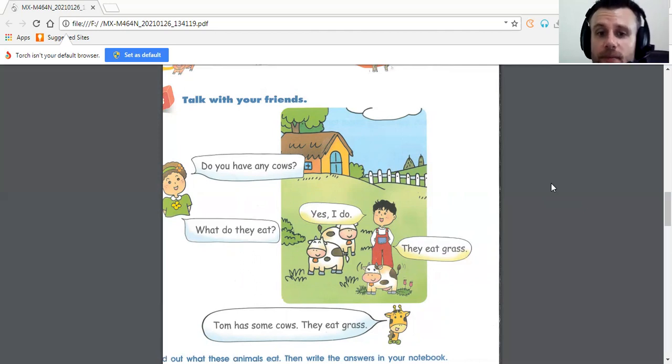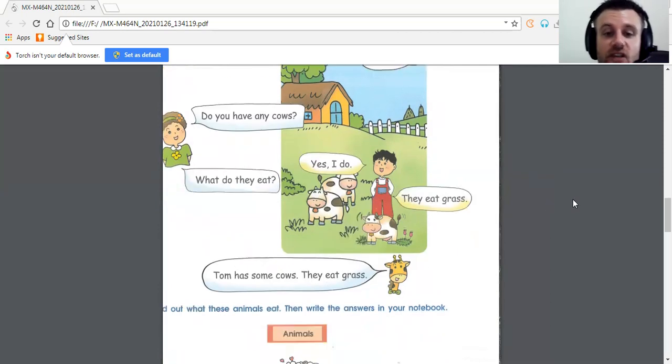Next, what do they eat? About the cows: they eat grass. So finally, you have the sentence: Tom has some cows. They eat grass. So don't forget to learn the new word grass.